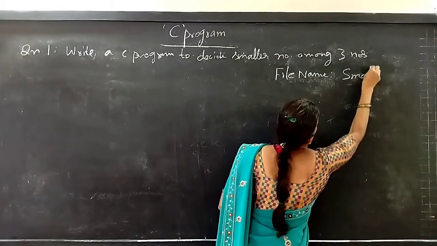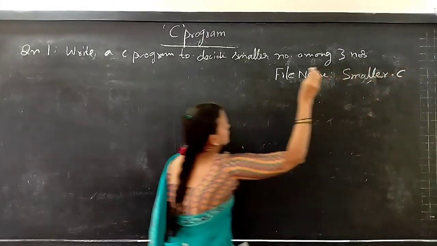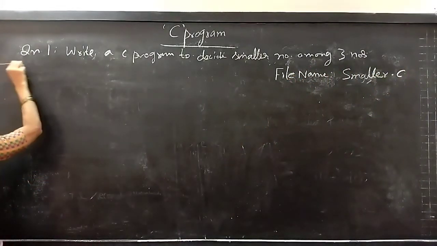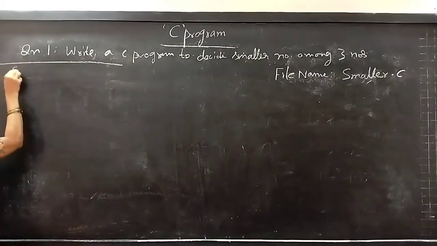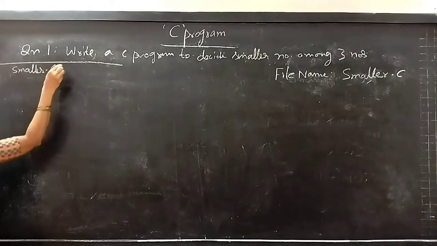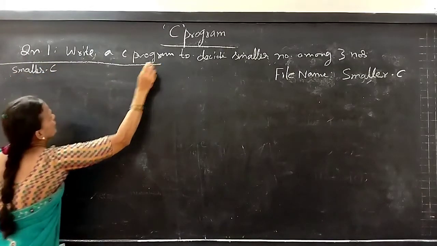Any file name we can give; you will give smaller dot C. You will get the space here for writing, and that same file name will appear at the top where we start writing the program.